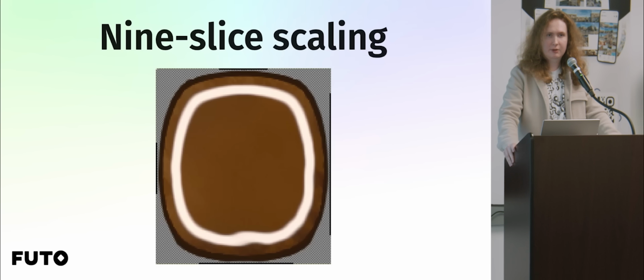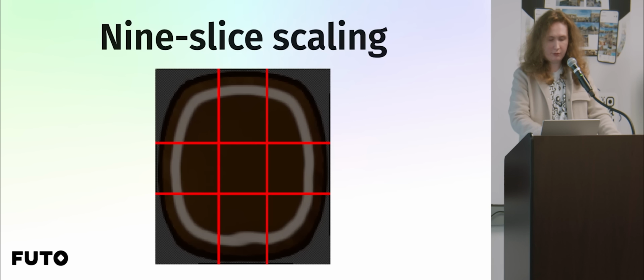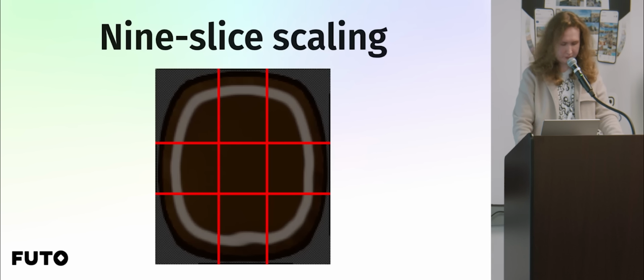To do that, we're just using 9-slice scaling. This is how a key background asset looks. It's just a little square, and there's a middle rectangle defined, and based on just this one rectangle, it slices it up into 9 slices.